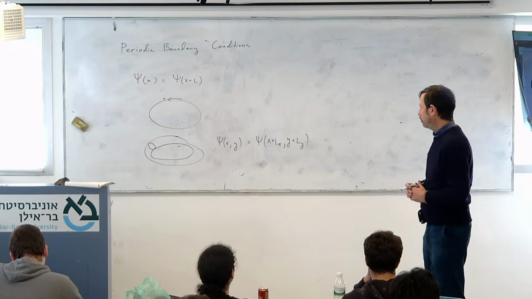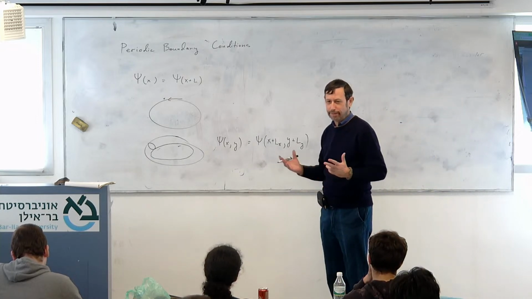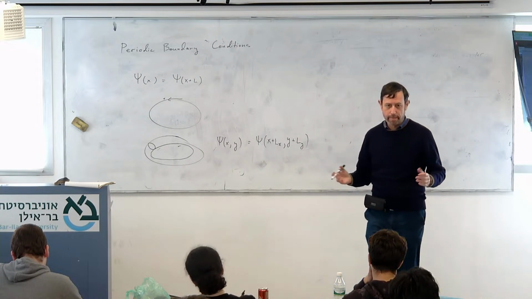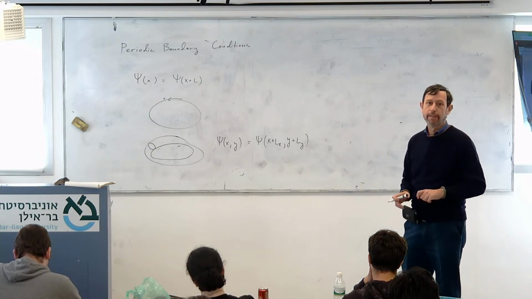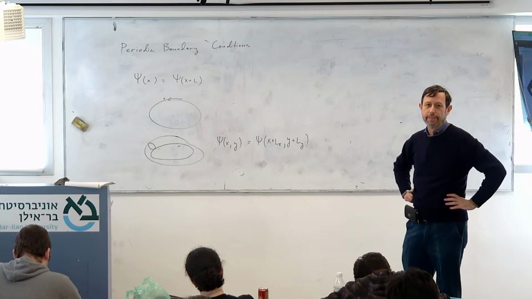I won't try to draw it in three dimensions, let's spare everyone, but it's the same idea. So a generalization would be that it's S1 times the dimension that I am working with.